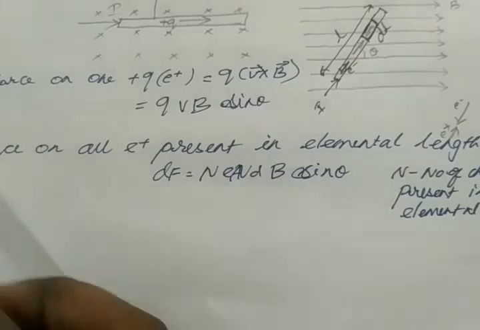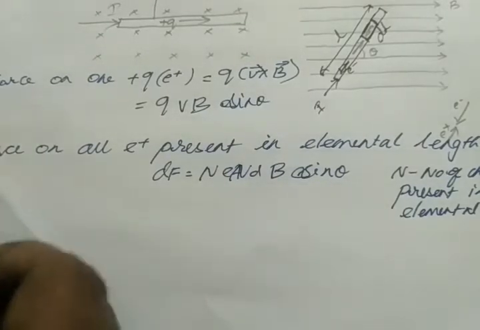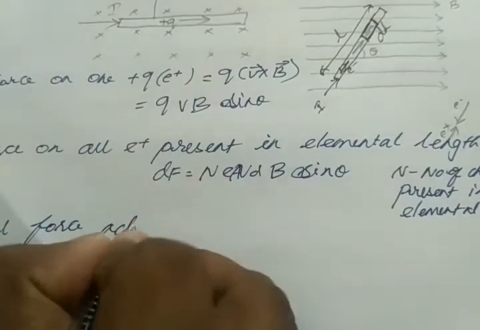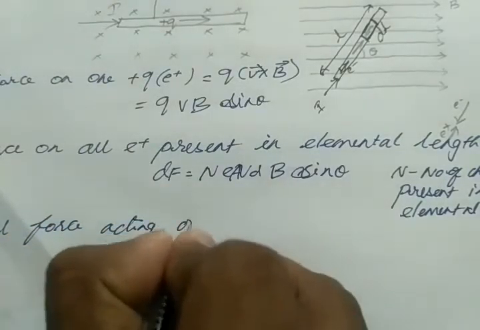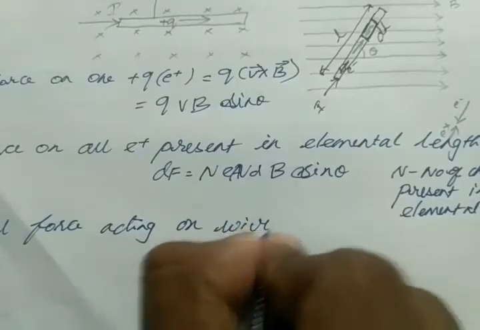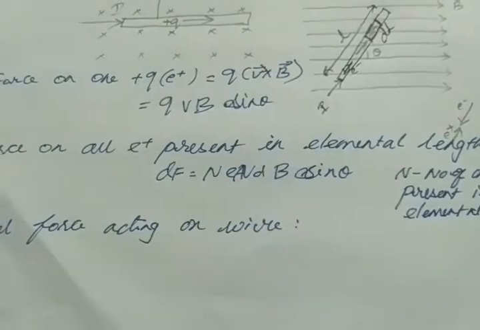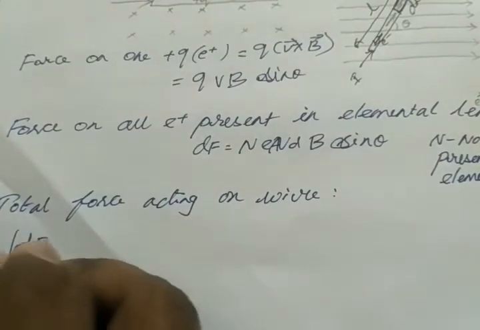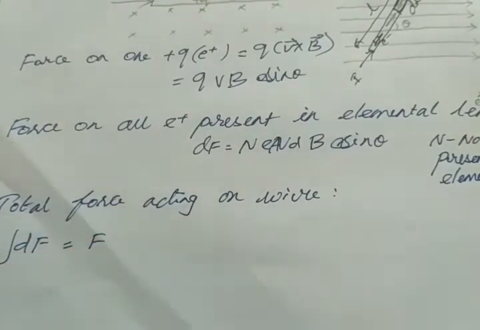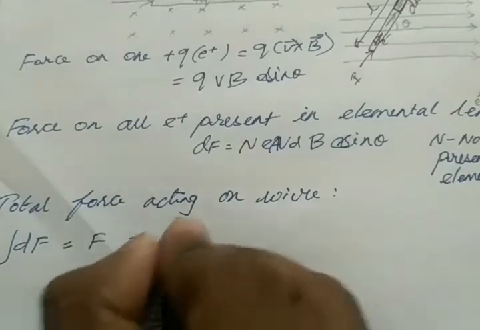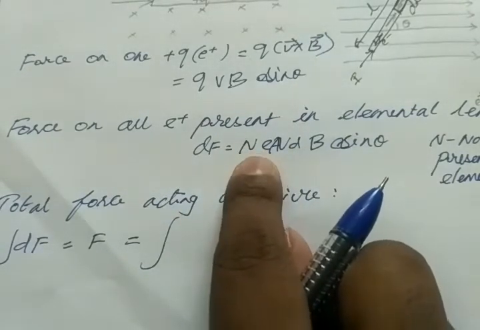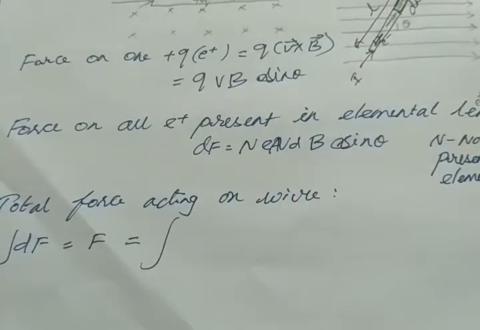So now the total force acting on the wire. How to find the total force? Simply we have to integrate dF, then we get F, which is equal to the integration of, here we have N, the charges present in the small elemental length.